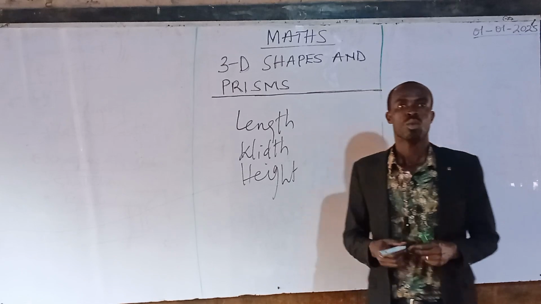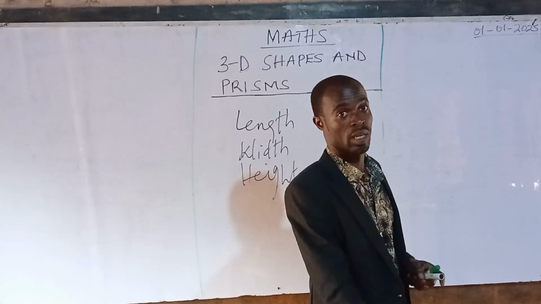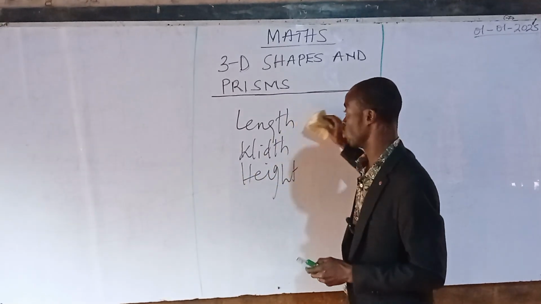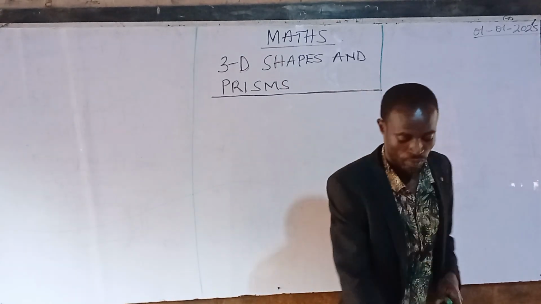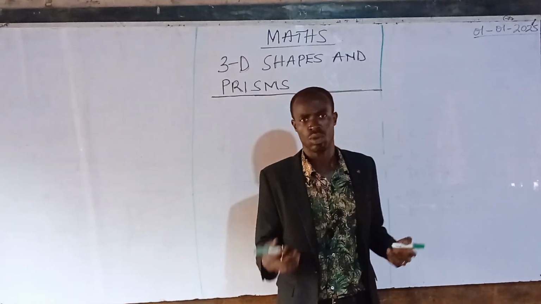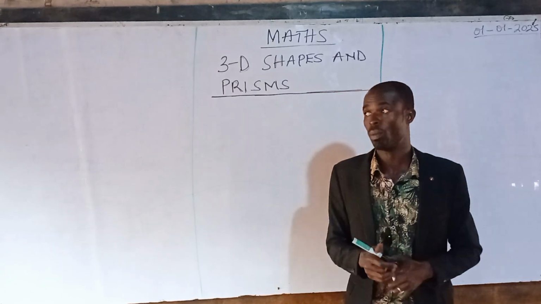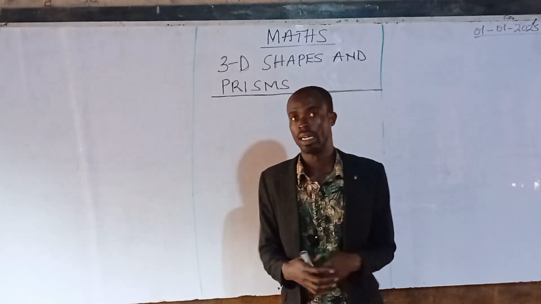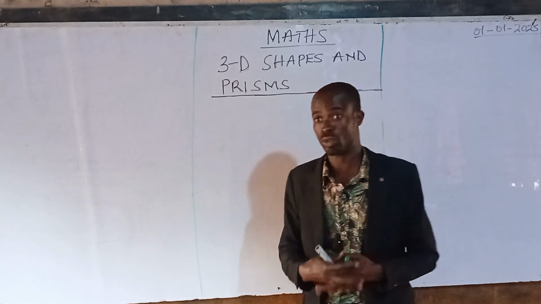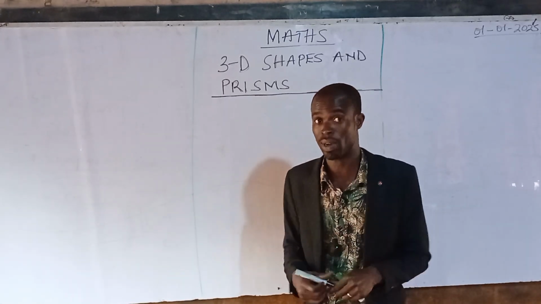All right. So to set the ball rolling, I want us to identify some 3D shapes that we can find around us. These are the common or basic 3D shapes that we can find around us.